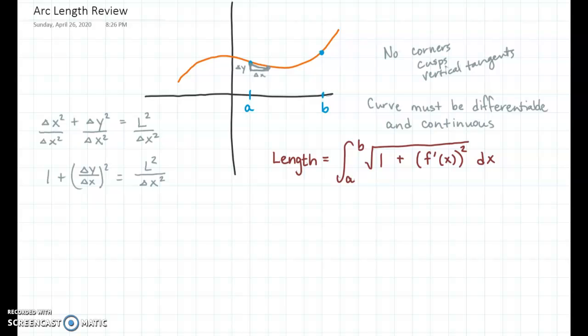So instead of saying the words delta x and delta y, I'm going to use the magical infinitely small dy and dx. I'm going to put this in parentheses. Actually, I'm going to do this even better.